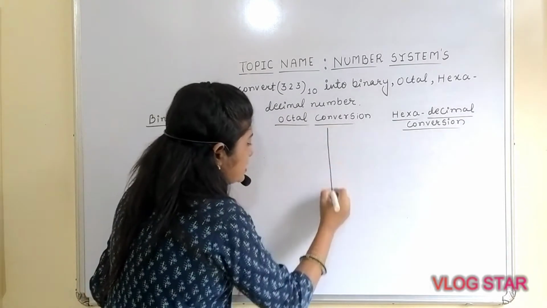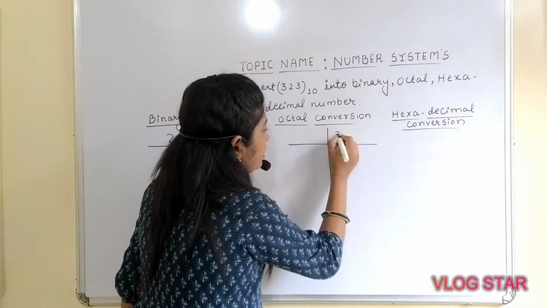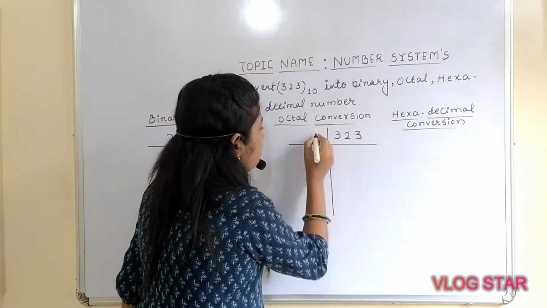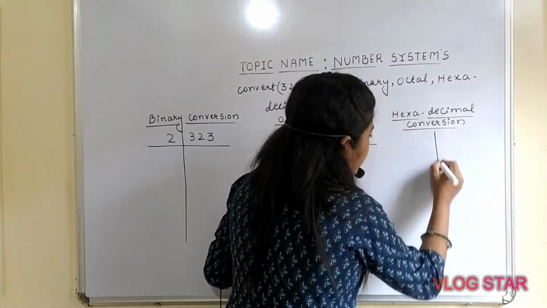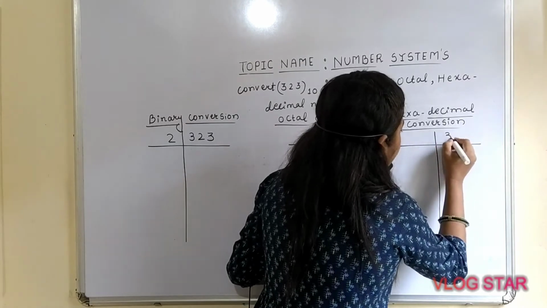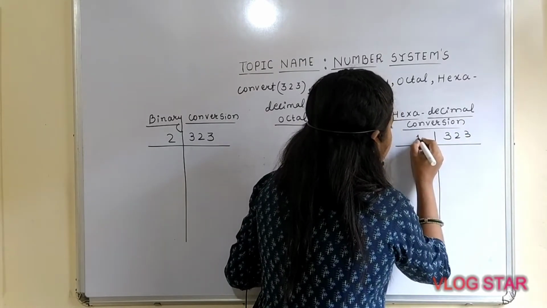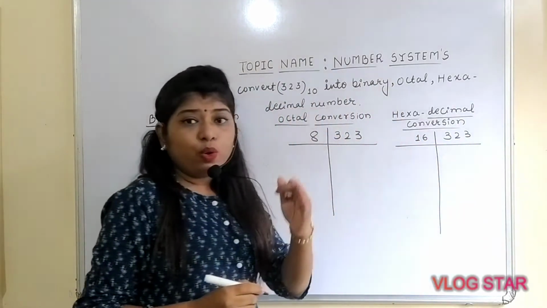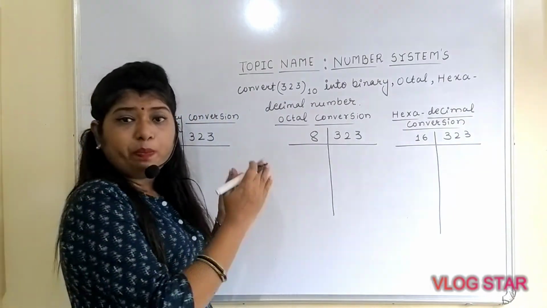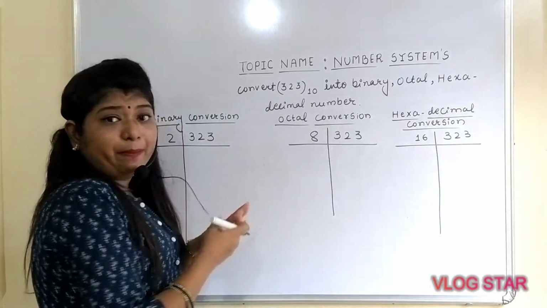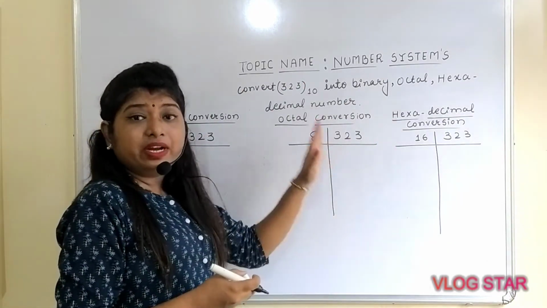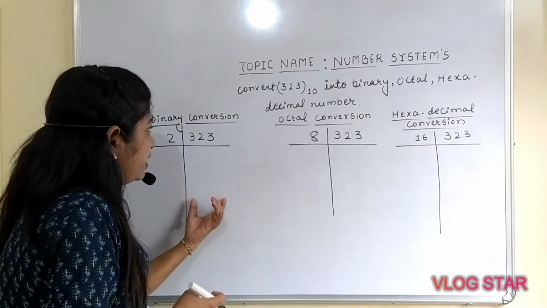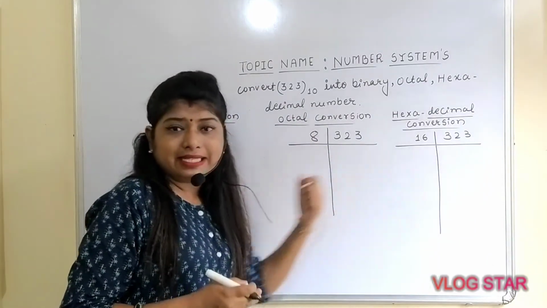In this case, you have to divide the given number by its base, that is 8. Similarly, here you have to divide the given number by 16. I hope you have understood how to apply method number 1, that is division method, to convert the given decimal number into binary, octal and hexadecimal.